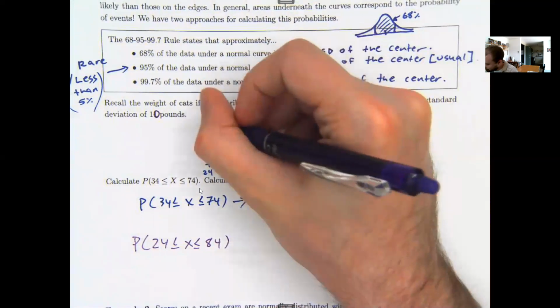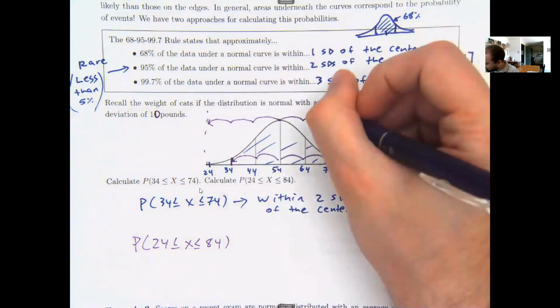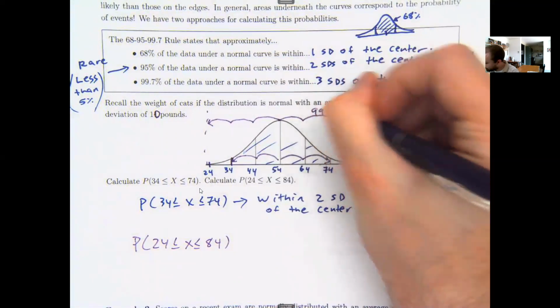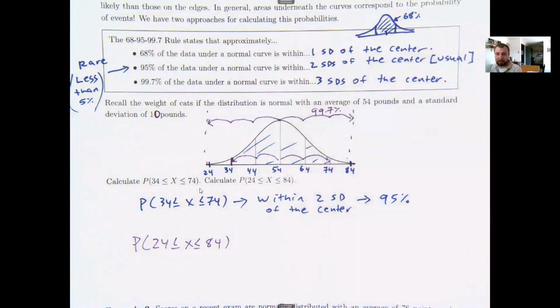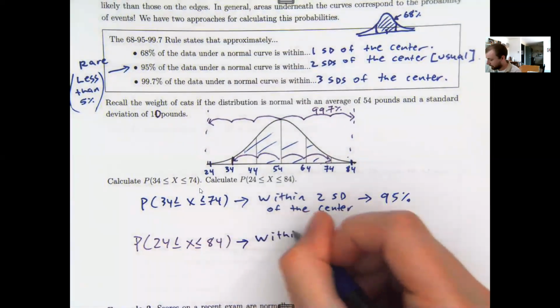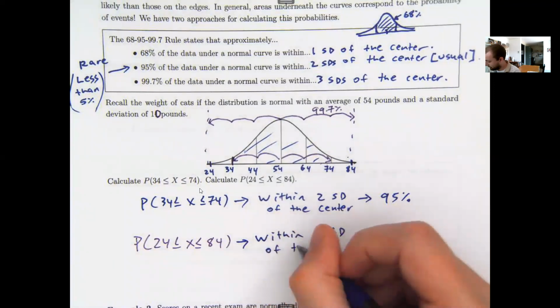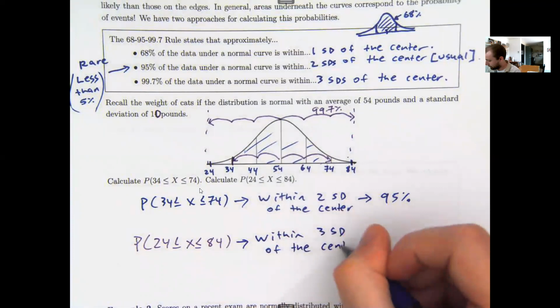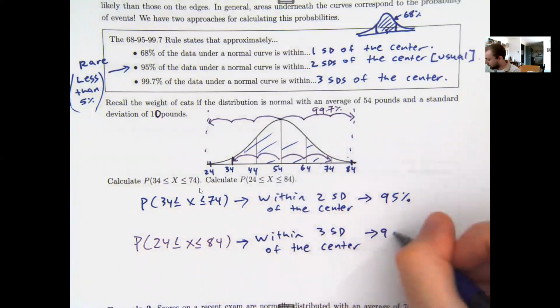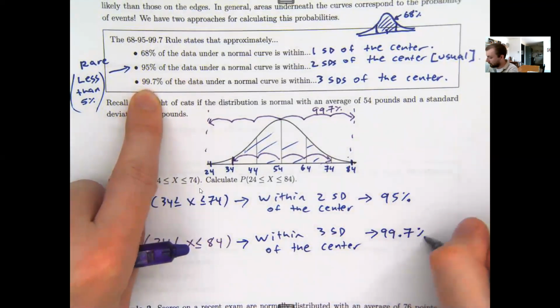So if I'm looking at the area within 3 standard deviations, that's 99.7% of my data set. So within 3 standard deviations of the center, I'm getting an area of about 99.7%.